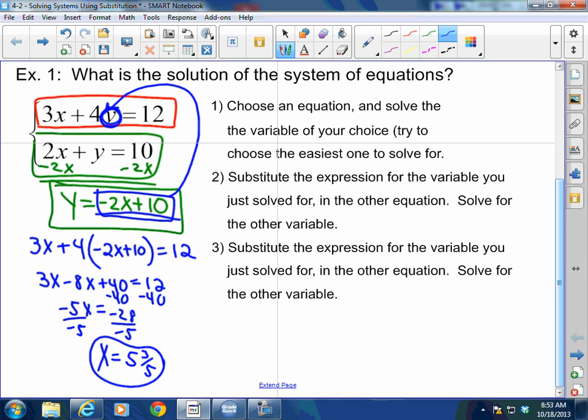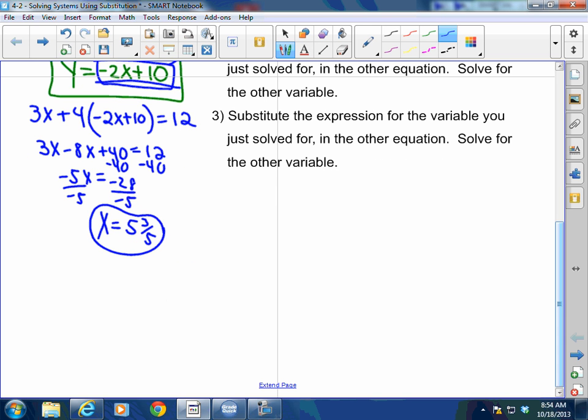Now, step 3. Substitute the expression for the variable you just solved for in the other equation. Solve for the other variable now. Now that you know what x is, can't I plug that into this equation here of y equals negative 2x plus 10 to find y? So I got y equals negative 2 times x.